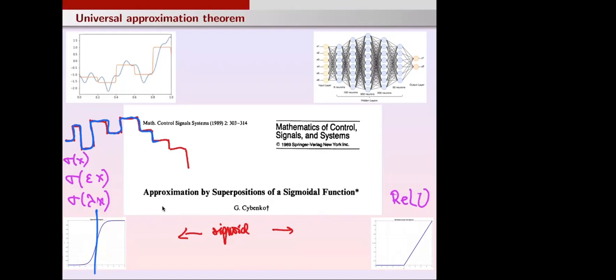Therefore, you will be adapting much better to the jump of a discontinuous function in here. Okay, good. So this is what Cybenko had in mind.